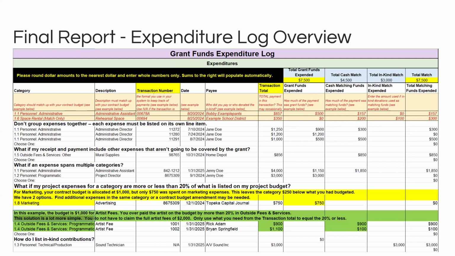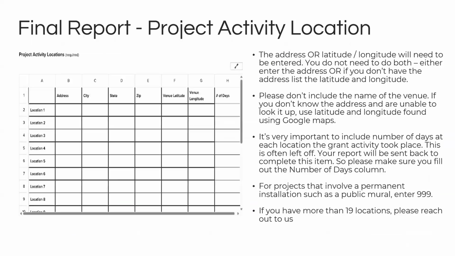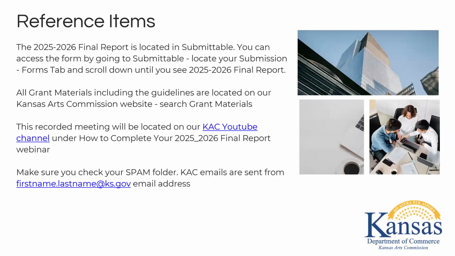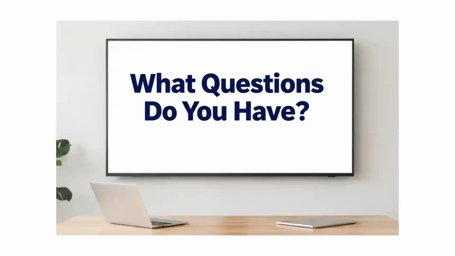And it will be available in Submittable. Reach out to me if it's still on there. I have taken a couple off that were due on the 31st, but if you have gotten an extension and it is still on there, make sure to reach out so I can get it off there.